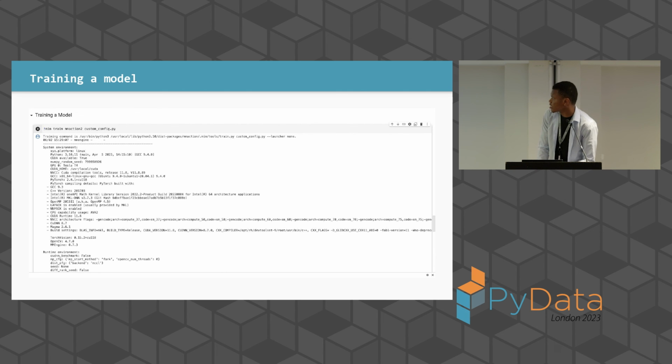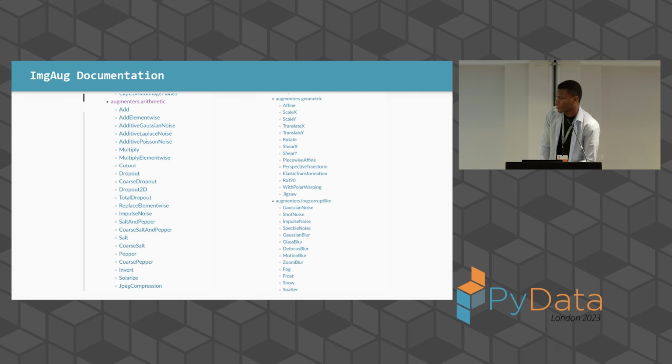In this case, this is the Add augmentation I did earlier. It just adds random numbers to the pixels. It does that to all the channels, and you can decide to do that per channel. This adds noise element-wise. This adds Gaussian noise. So it all depends.